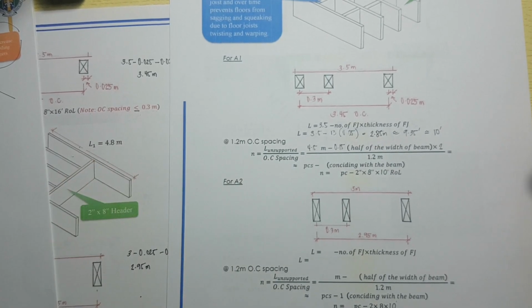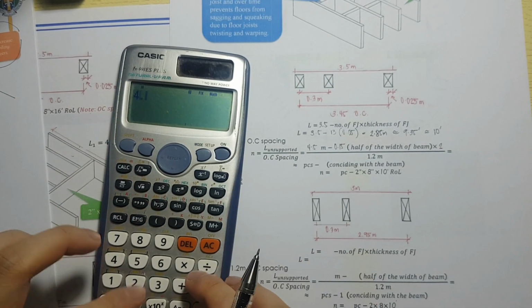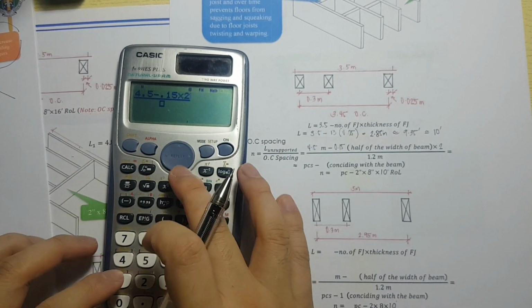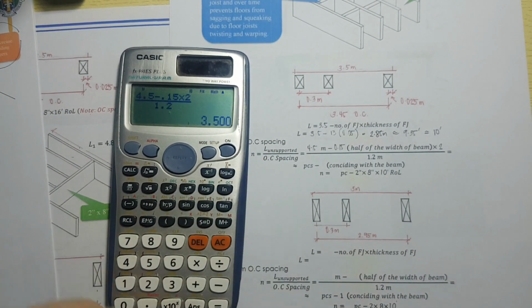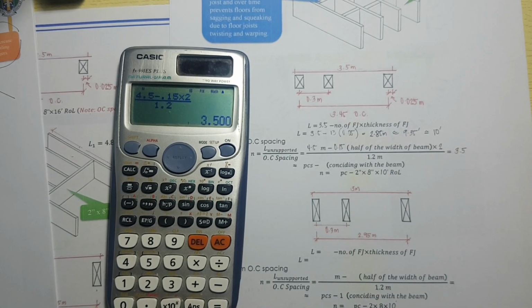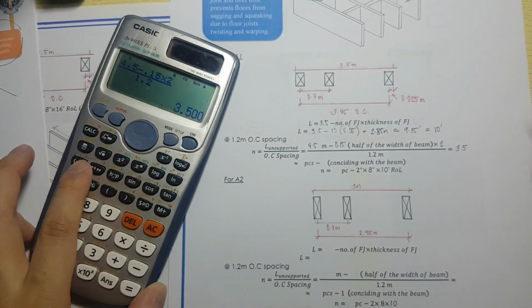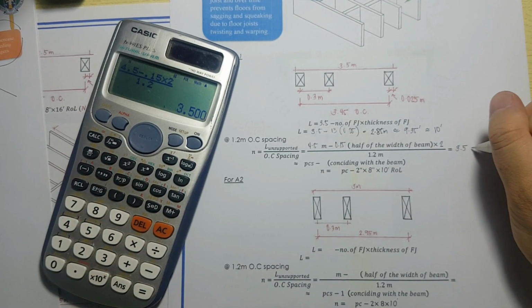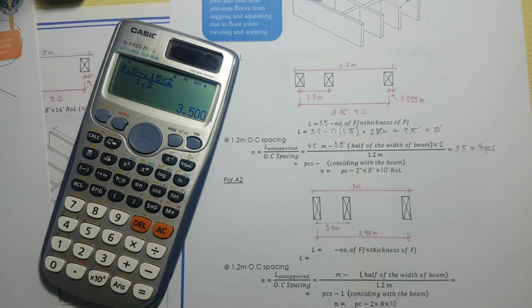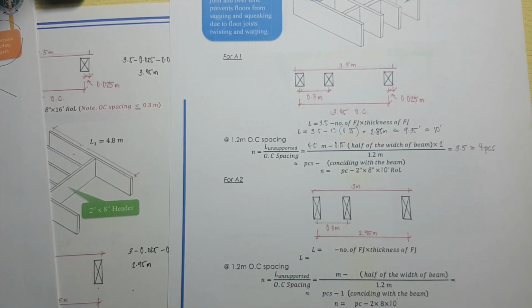So that would be equivalent to 4.5 minus 0.15 times 2 divided by 1.2. And that is equivalent to 3.5, which is rounded up to 4 pieces. But there is a problem here.